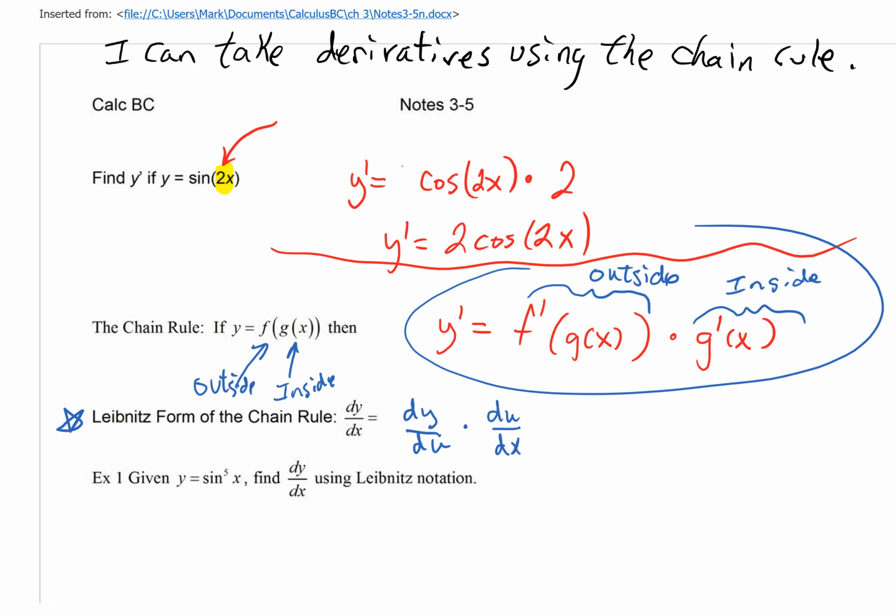It actually doesn't work like that. This isn't fractions that we're multiplying together, but it does lend support for why this is true when you just see this. Of course, you look at this, you'd say, what in the world is u? u is the inner composition. It's the inside function.